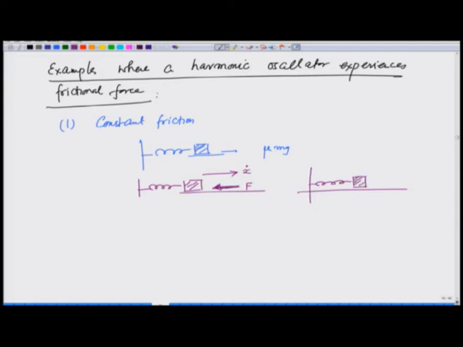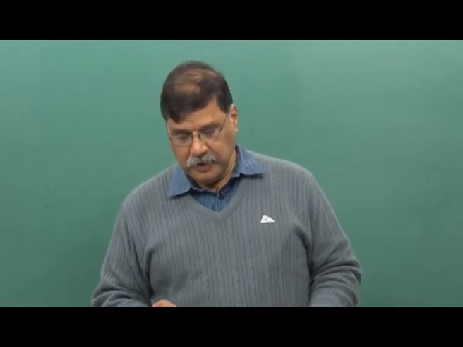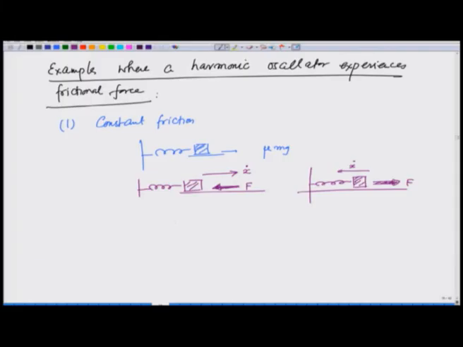When the block is moving to the left, that is x dot, the frictional force is going to be opposite to this, in the other direction. If this is a constant force, it is not easy to put it directly in the equation taking care of the direction itself, because what you want to finally write is that m x double dot is going to be the restoring force plus a frictional force which is in the direction opposite to x dot.